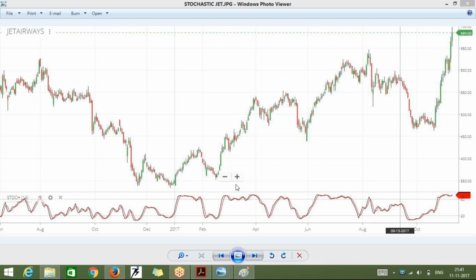So here you can see, as it is continuously moving, stochastics failed. It gave a signal of overbought. People might start shorting from here at this candle. After gaining this much, people might start shorting, but no, as it's a trending market, it's continuously moving.